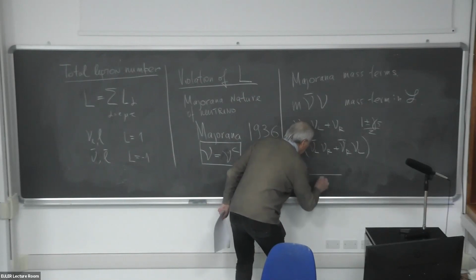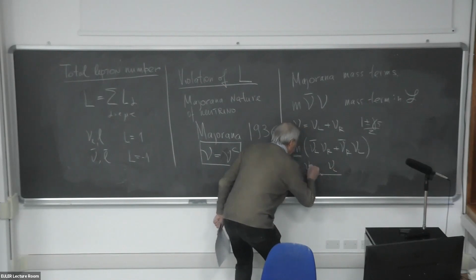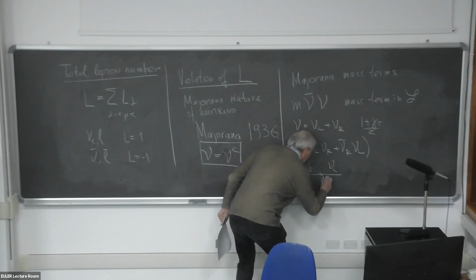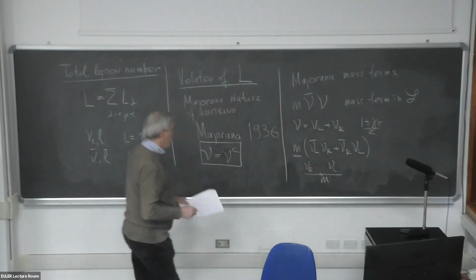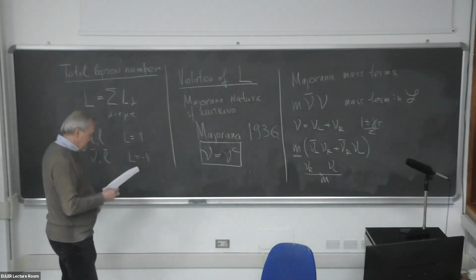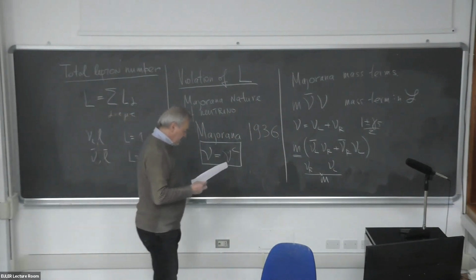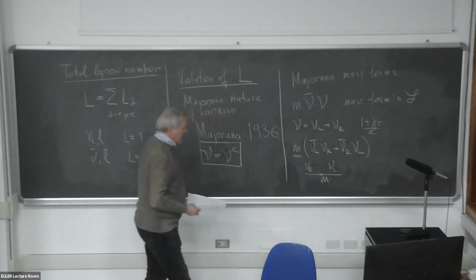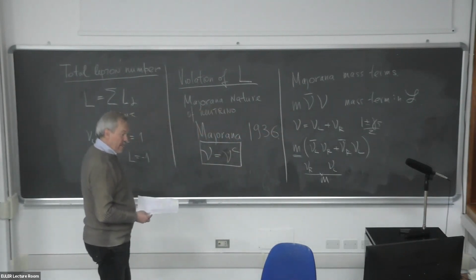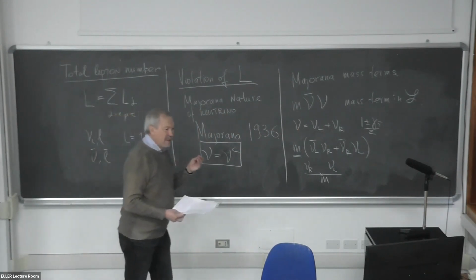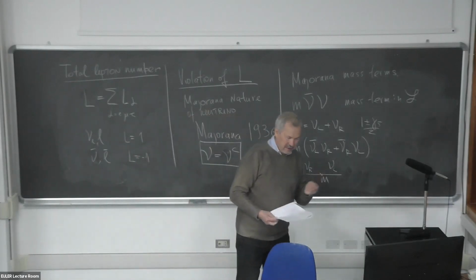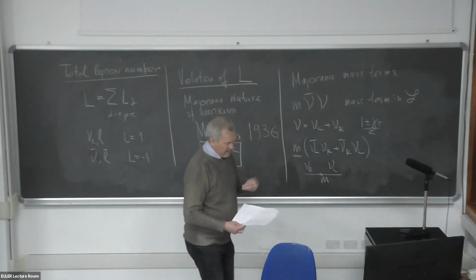So for instance, this term corresponds to nu left, which appears from nu right. So nu right is transformed to nu left, and this is described by m. You can consider that as a transition, as an interaction, which is given by mass. So mass is the parameter which gives you the transition amplitude between left and right and back.